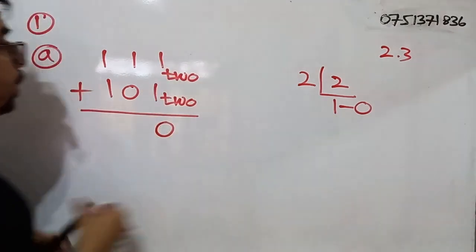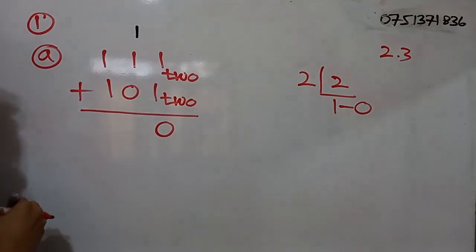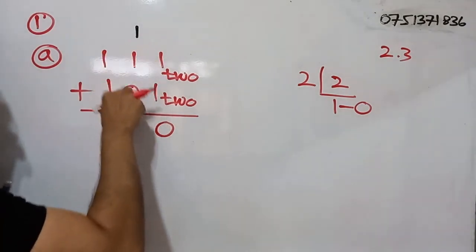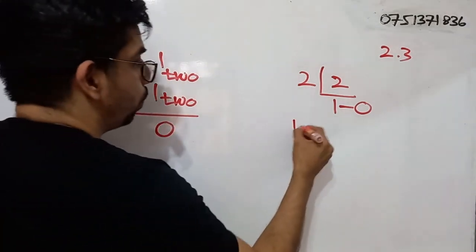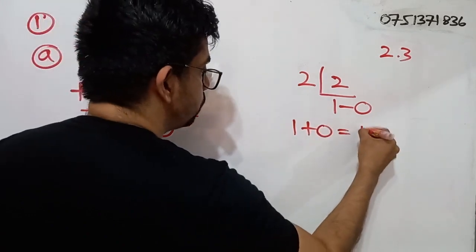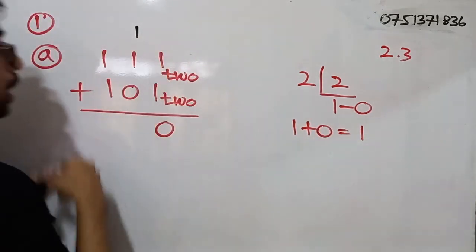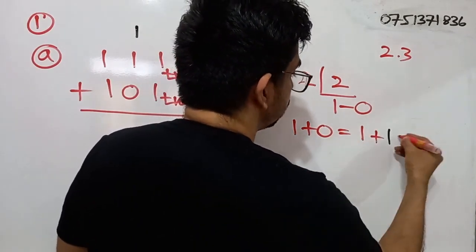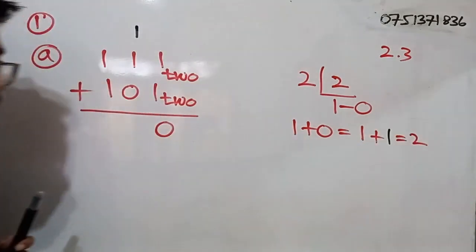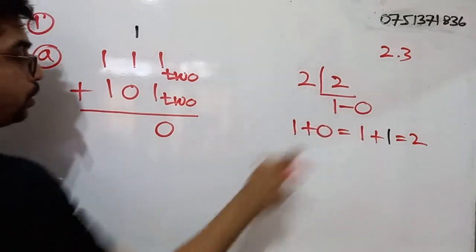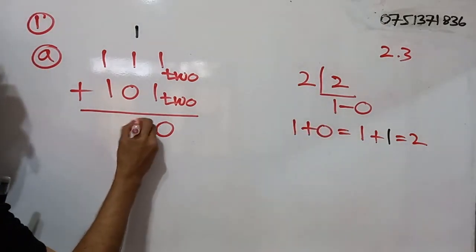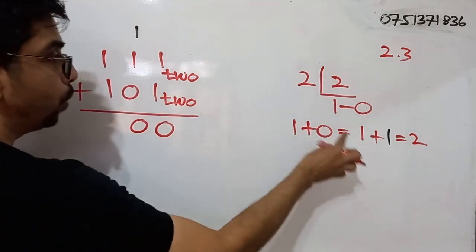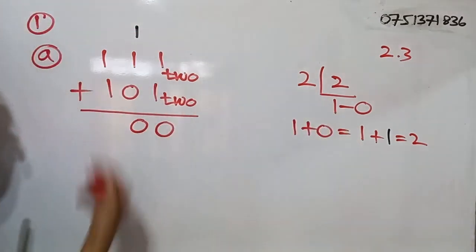Then we push over this 1 to the next place. Right? So now we are at this point. So 1 plus 0, that is 1. To that we have to add another 1. Right? Then what do we get? 2. Again the same thing, we can't write 2. So we write 0, then push over this 1 to the next place.